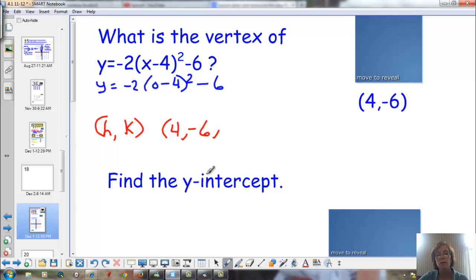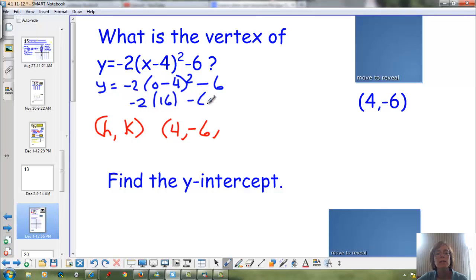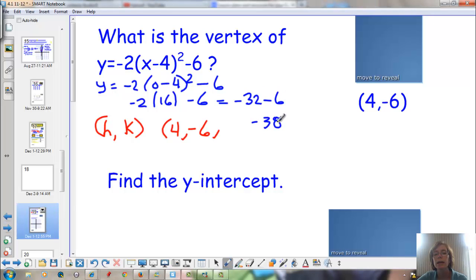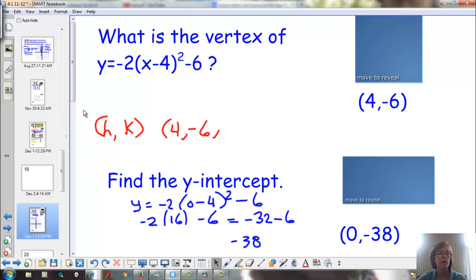And if we want to simplify that, 0 minus 4 is a negative 4, but when squared is a positive 16. So we have negative 2 times 16 minus 6. So that's a negative 32 minus 6, which is a negative 38. And that is going to be our y-intercept.